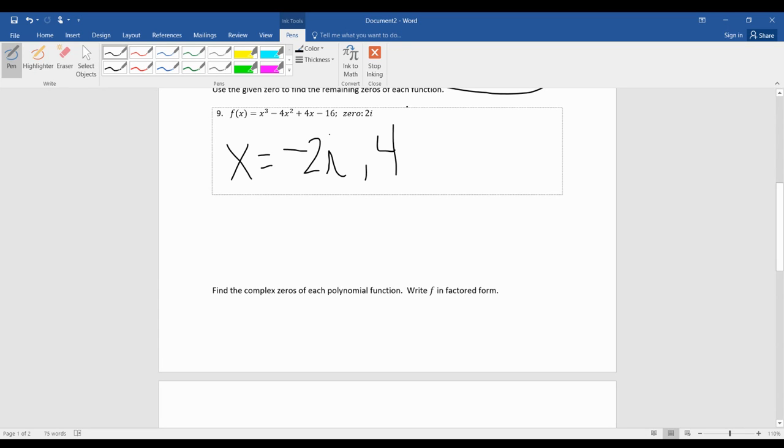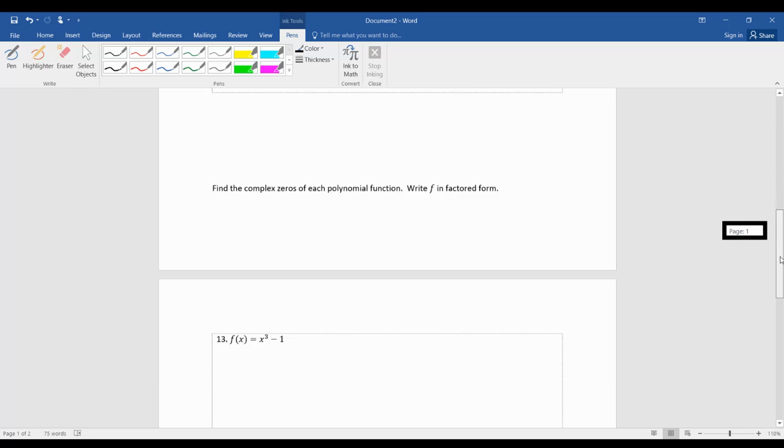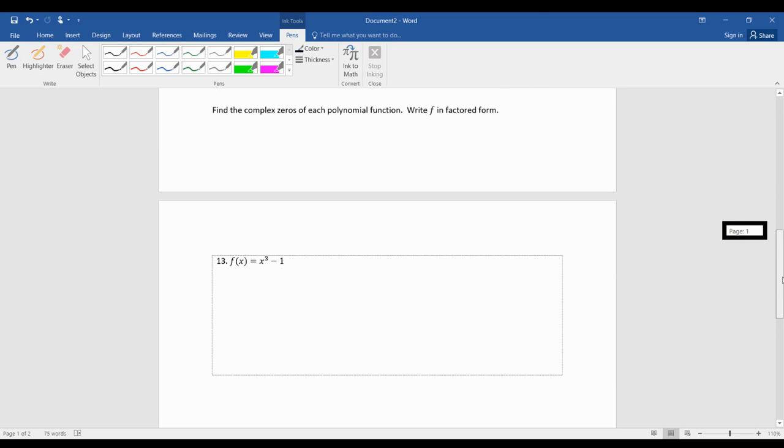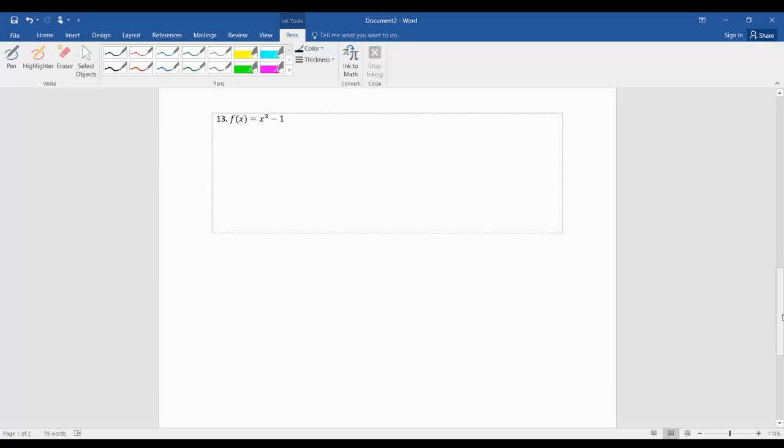Okay. Our last type is what we just did in part 2. And that would be to find the complex zeros of this polynomial. So it is a cubic, which means it has 3 zeros. So let's go back to our calculator. And if you see, it's got a negative 1. So one of my zeros is going to be 1 or negative 1.